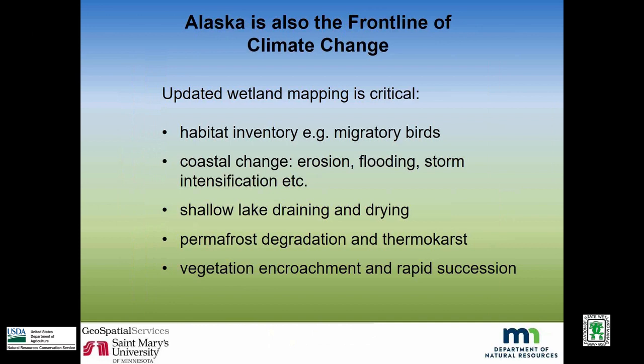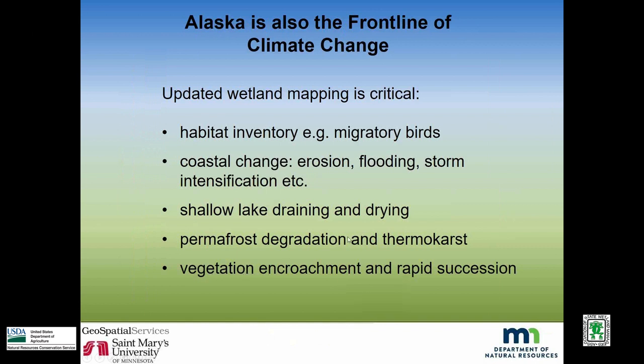Permafrost degradation and thermokarst feature development is also a big issue in Arctic Alaska, where the warming of the climate is causing melting of the permafrost landscape, which is creating huge releases of greenhouse gases into the atmosphere as a result of all of the stored carbon within those landscapes suddenly being released through the melting and drying and evapotranspiration of carbon.